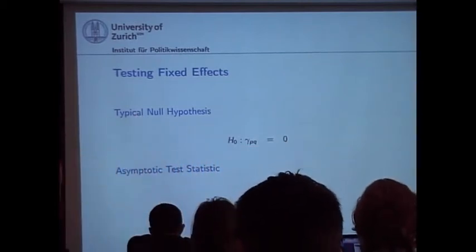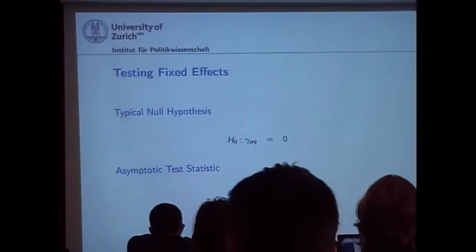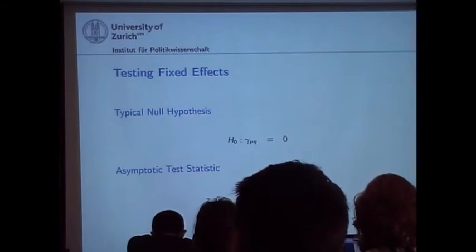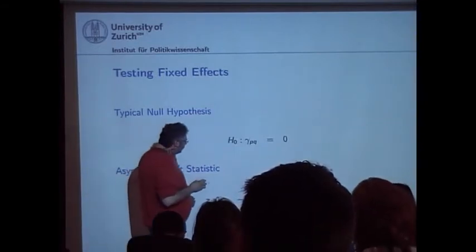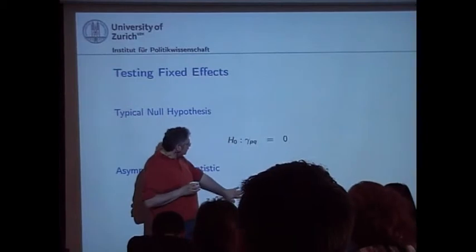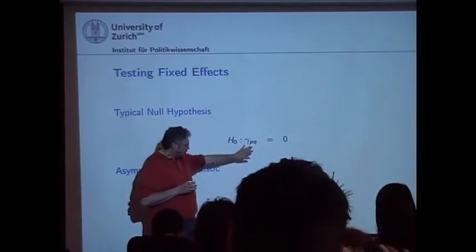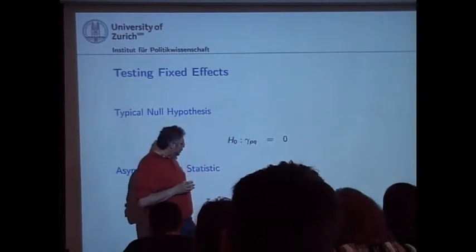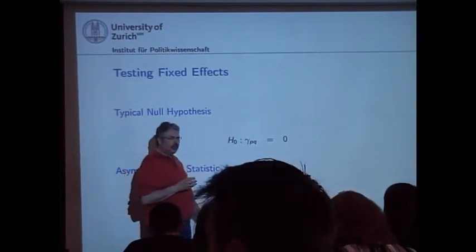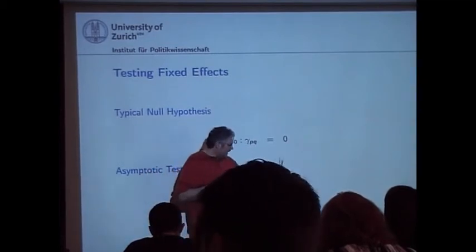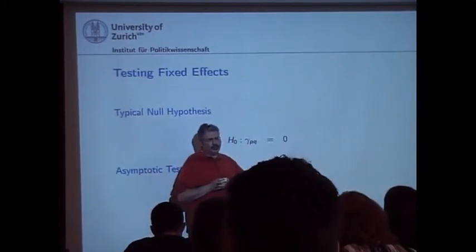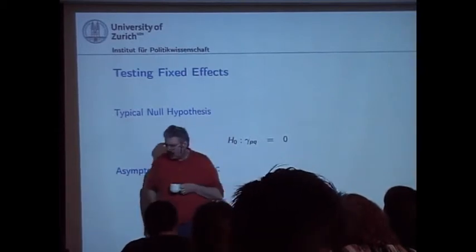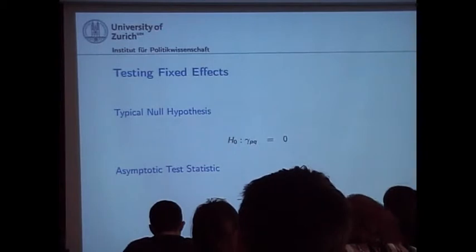That usually means this substantive predictor really has no effect. The test statistic we can compute is to take the estimate of that fixed effect over its standard error, and we can refer that test statistic to a standard normal distribution to obtain a p-value. And that works reasonably well.